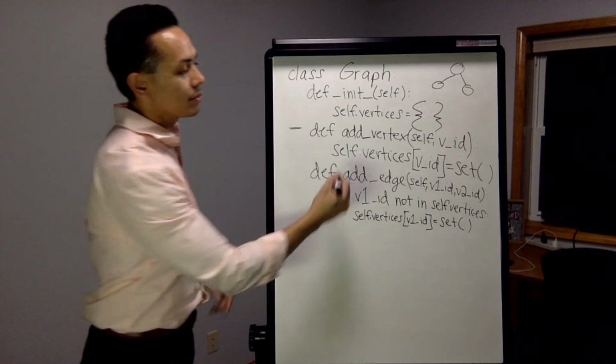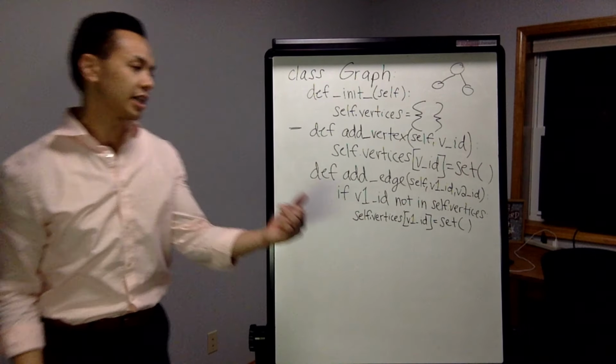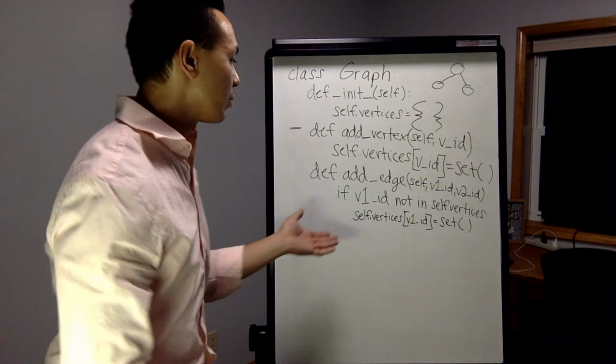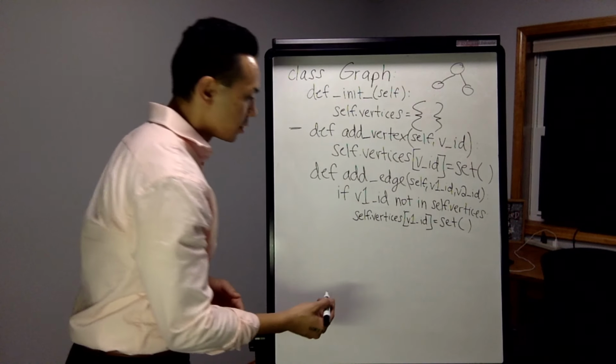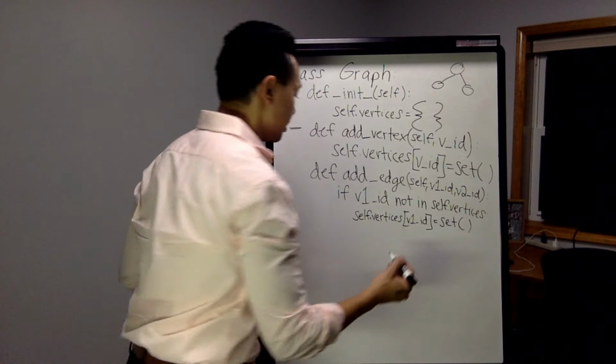Kind of the same thing that we did up here. We're just adding the vertex because we realize that it's not in there. And we're going to do the same exact thing for vertex 2 ID.